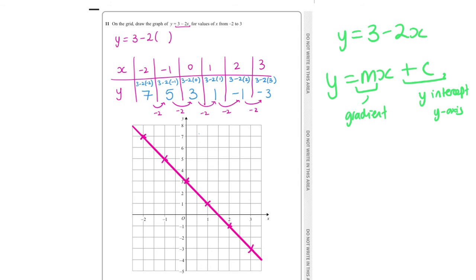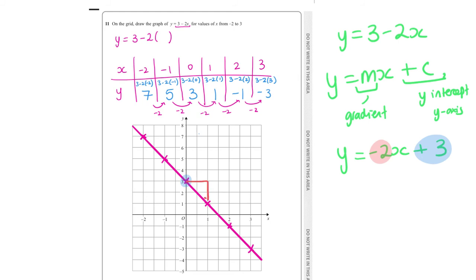If I rewrite this equation in this form, I get y equals minus 2x plus 3. So plus 3, this is where I cross the y-axis. Do I cross at 3? Yes, it crosses at 3, so I know I'm right. Then this minus 2x is our gradient. This says for every one along, I go down 2.